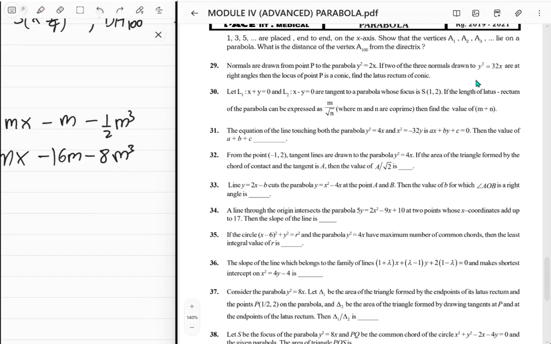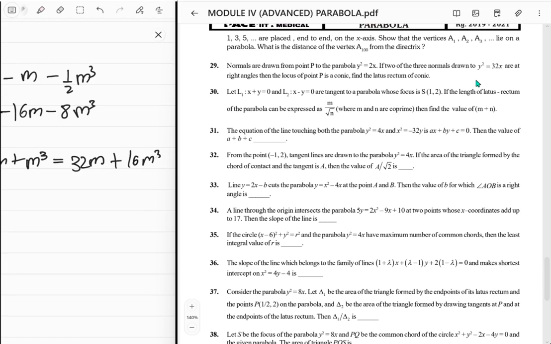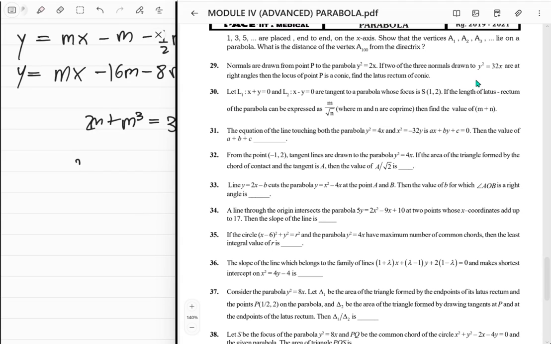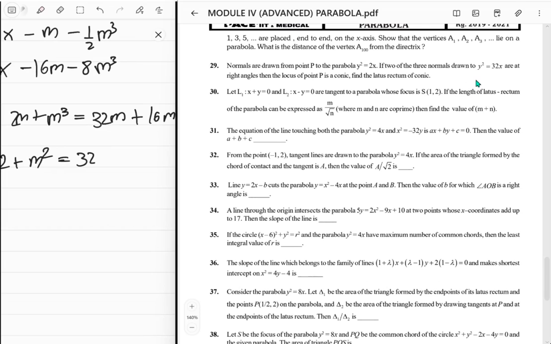Okay, that's like saying 2m plus m cubed is in fact equal to 32m plus 16m cubed, which means either m is 0, which we'll ignore. Another guy which is just 2 plus m square is equal to 32 plus 16m square, which means 15m square is equal to minus 30, so m is equal to minus 2.